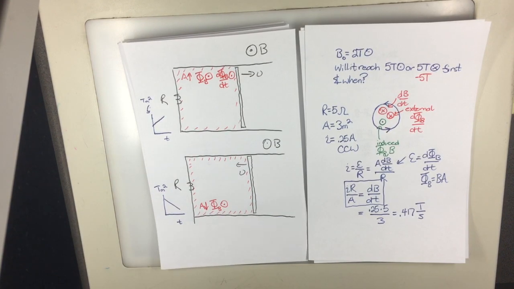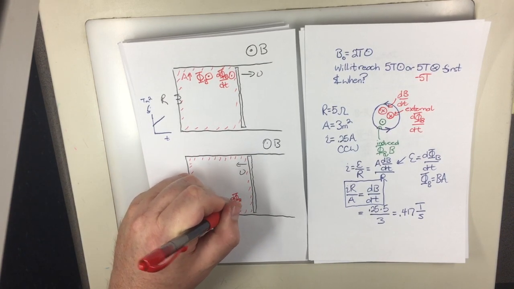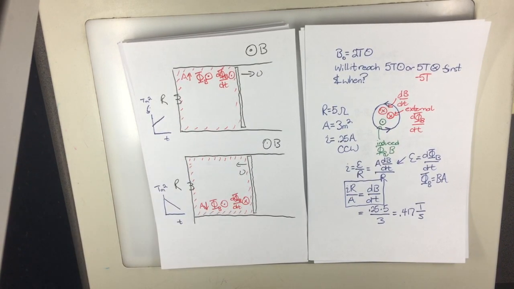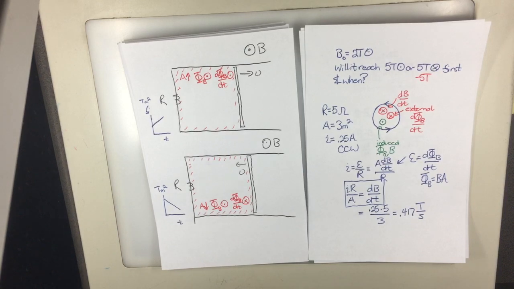Which means that dΦB/dt is into the page as well. So if the area is getting bigger, those two are parallel. If the area is getting smaller, those two are anti-parallel.